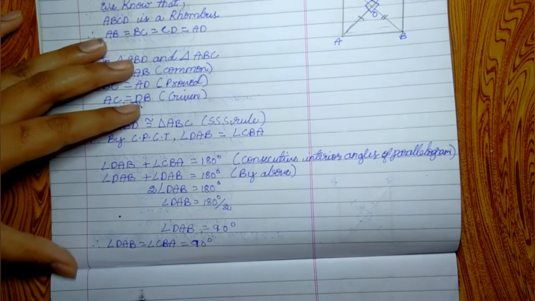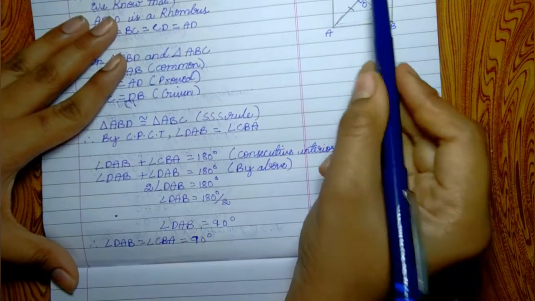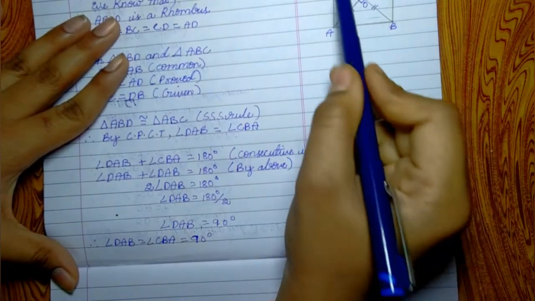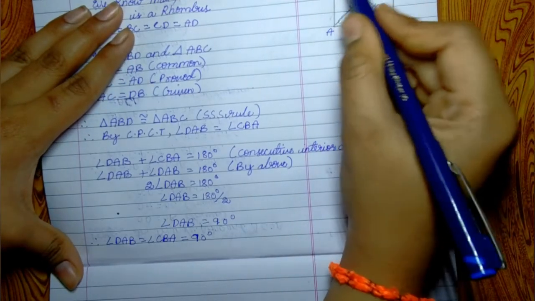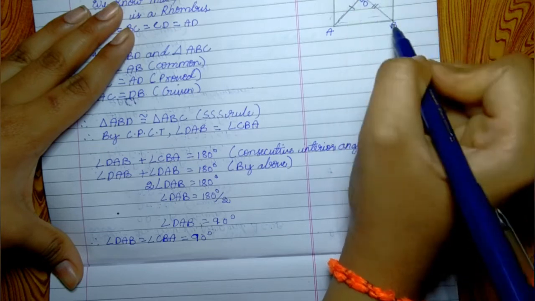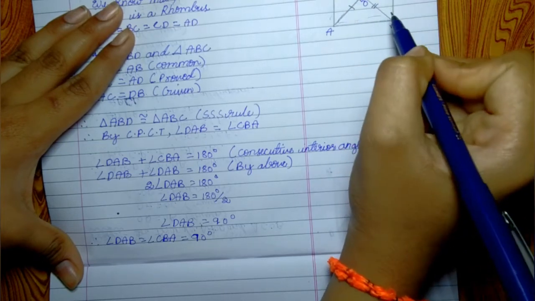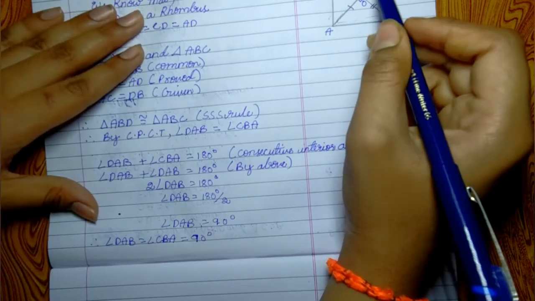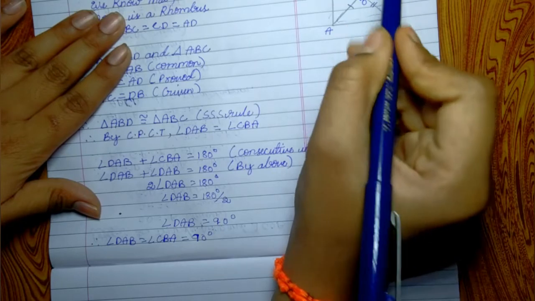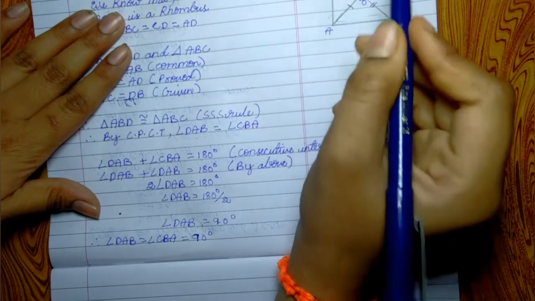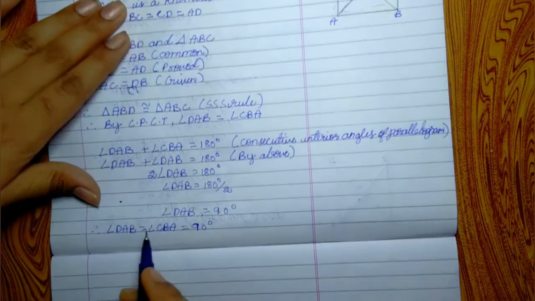Okay, friends, similarly, if you do this for triangle ACD and triangle BDC, you will get that angle ADC is equal to angle BCD is equal to 90 degrees, friends. Okay, you can follow the same steps.